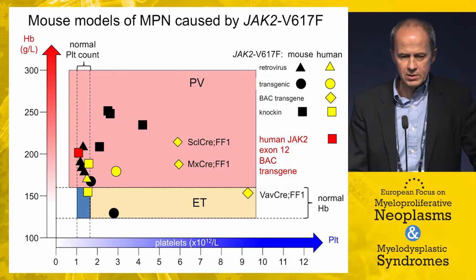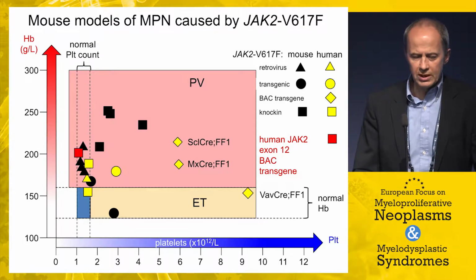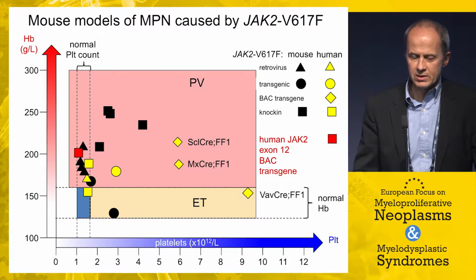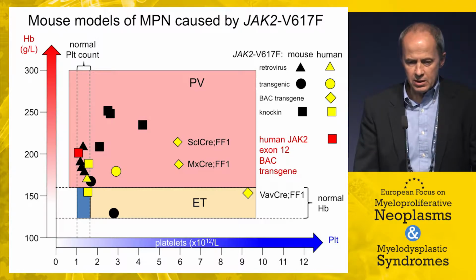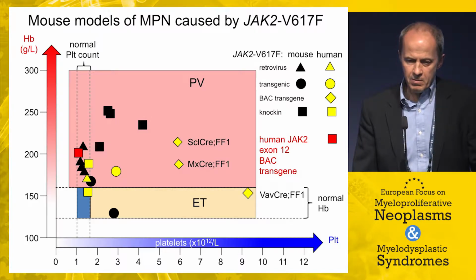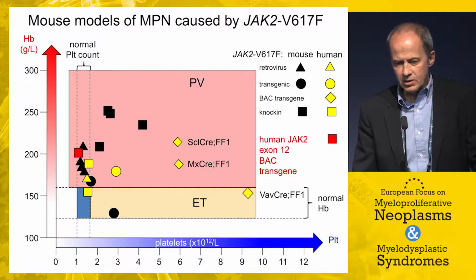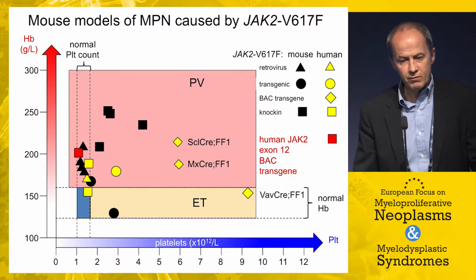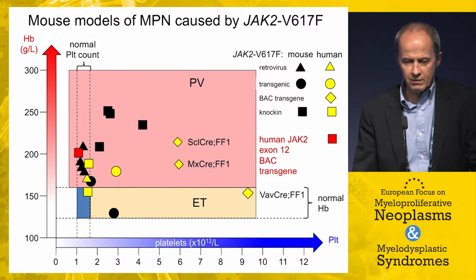Now, the mouse models that have been generated for the JAK2 mutation mimic the variability of phenotype that we see also in patients. Here platelets are plotted, and we consider mice that have increased numbers of platelets as ET as long as they don't have increased hemoglobin, whereas we call everything PV that has high hemoglobin or red blood cell mass, irrespective of whether the platelets are normal or elevated.